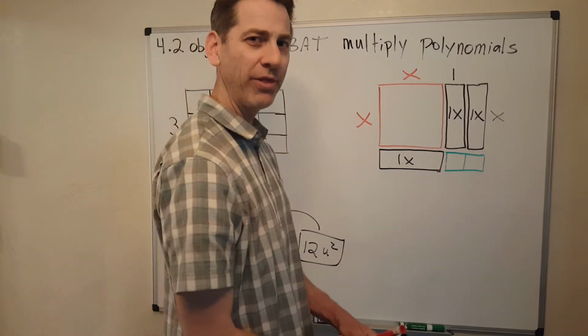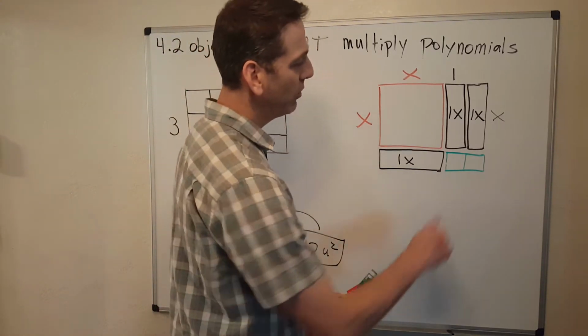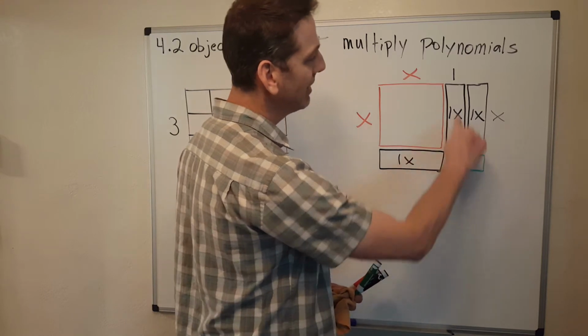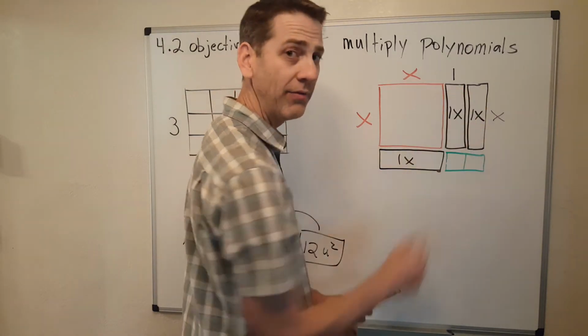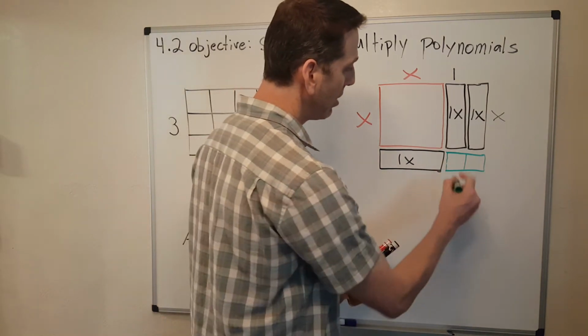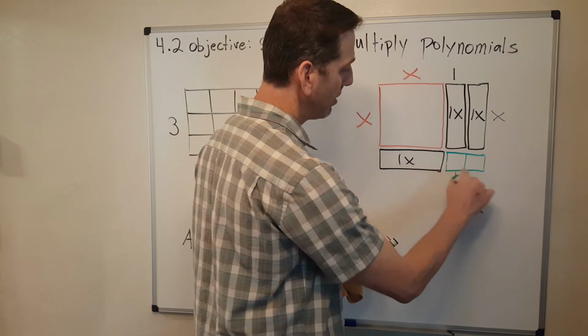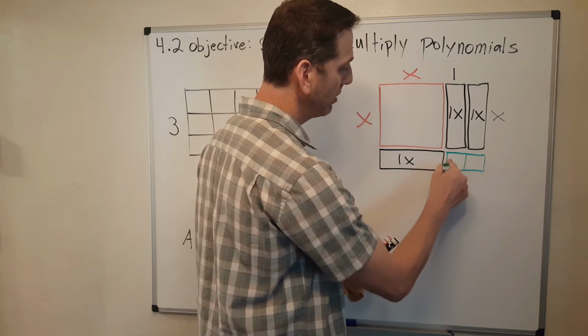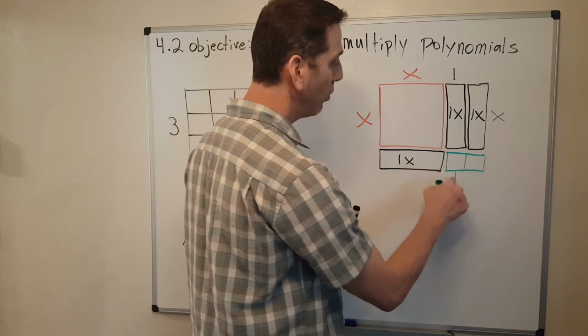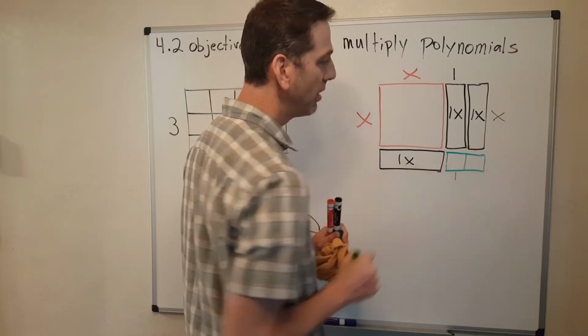Now how about these little green squares? What do we know about them? Well, we know that the length, or the width here, is the same as that width of that rectangle, correct? So we know this is a 1, and also this right here is also a width of 1. So we get a 1 by 1.